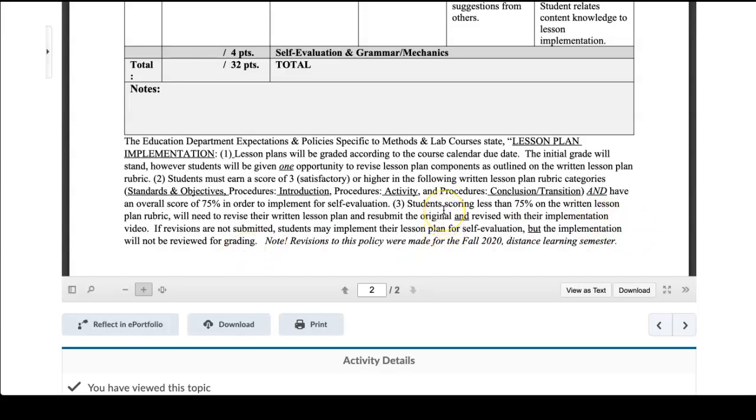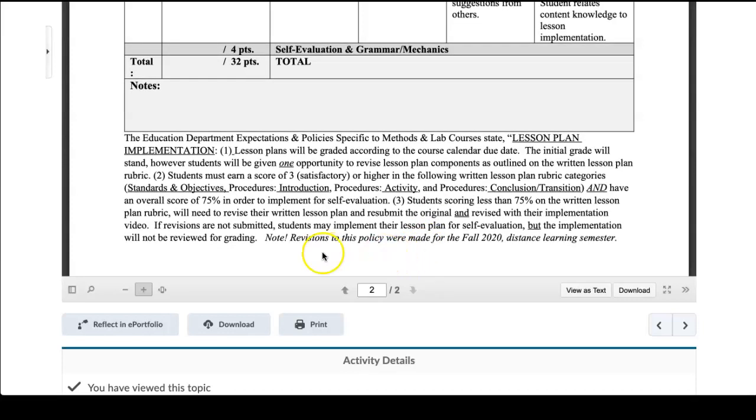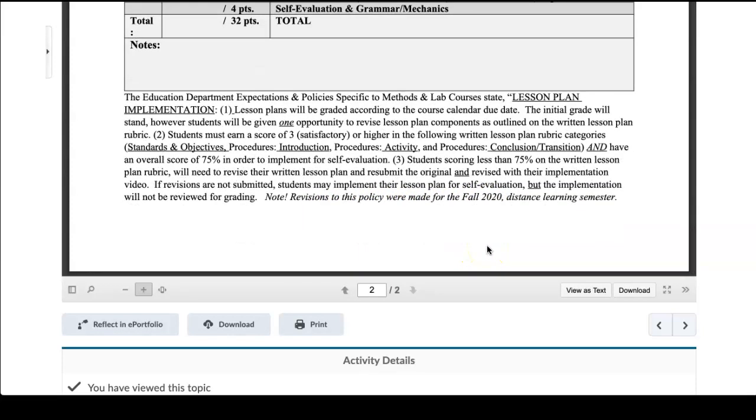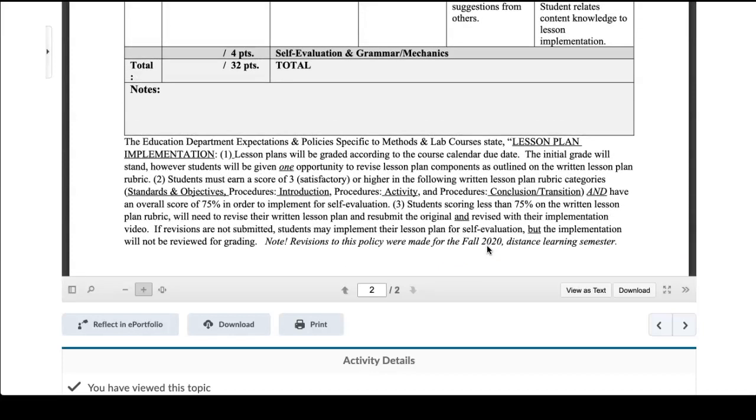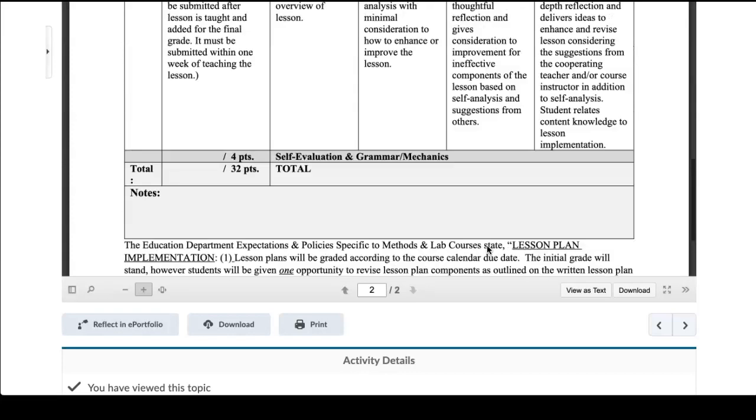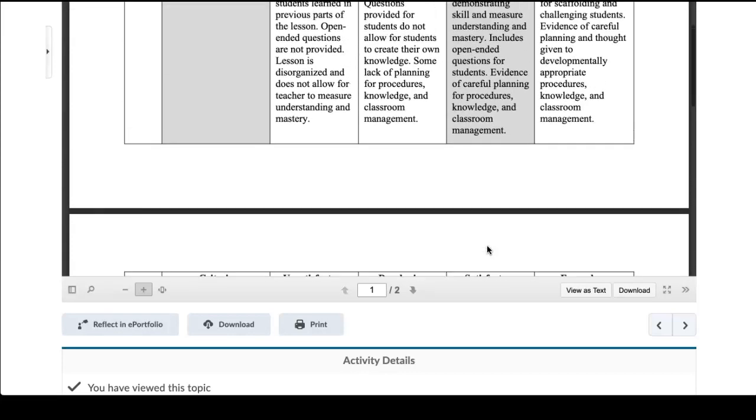If you need to revise your initial lesson plan, your instructor will indicate that on the feedback provided. Just a reminder that revisions to this policy were made for the fall 2020 semester during distance learning. This is because you're not going to the Child Development Center to implement your lesson plans this semester. Okay, let's take a look at the criterion.